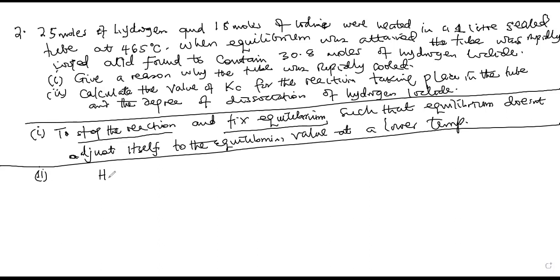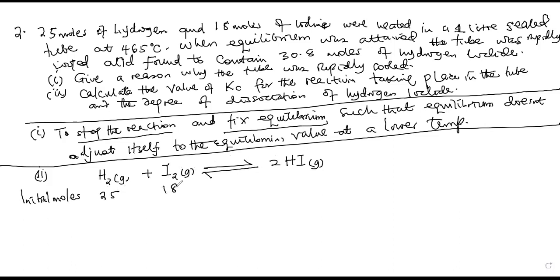We have hydrogen, a gas, plus iodine, a gas, forming hydrogen iodide, which is a gas. So initial moles: hydrogen 25, iodine 18, but initially we don't have hydrogen iodide.